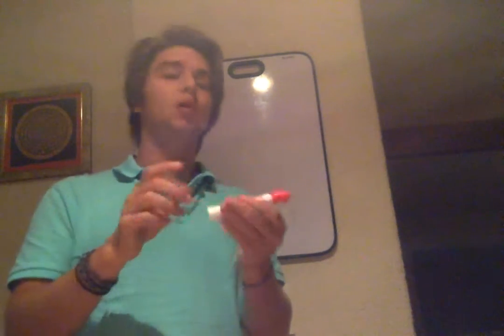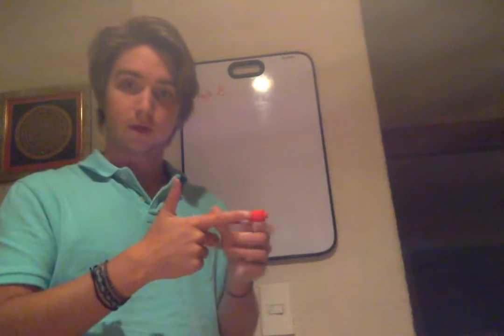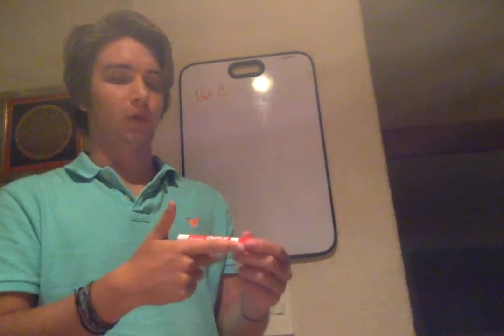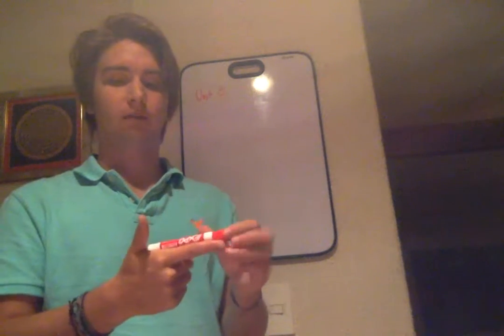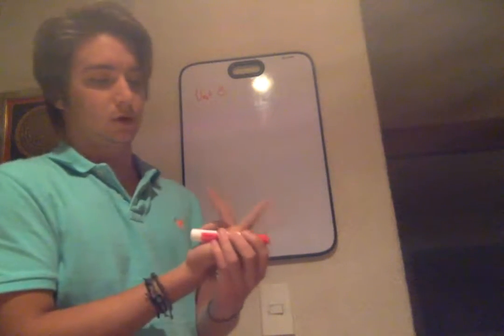So if we have a wire that has a current going like that, and we do the right hand rule, we will know that the magnetic field that is created by that electron flux will go like that.